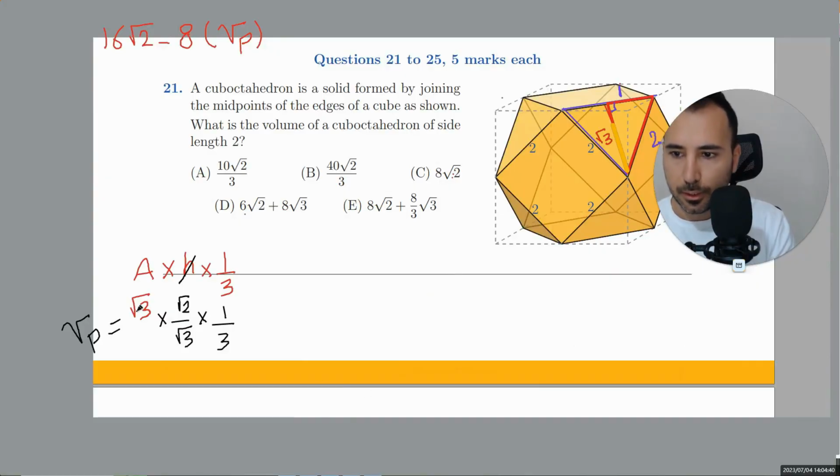So as you see, this and this will cancel. So VP would be square root of 2 over 3. Okay, let's go and replace that. So instead of VP, I'm going to write square root of 2 over 3.